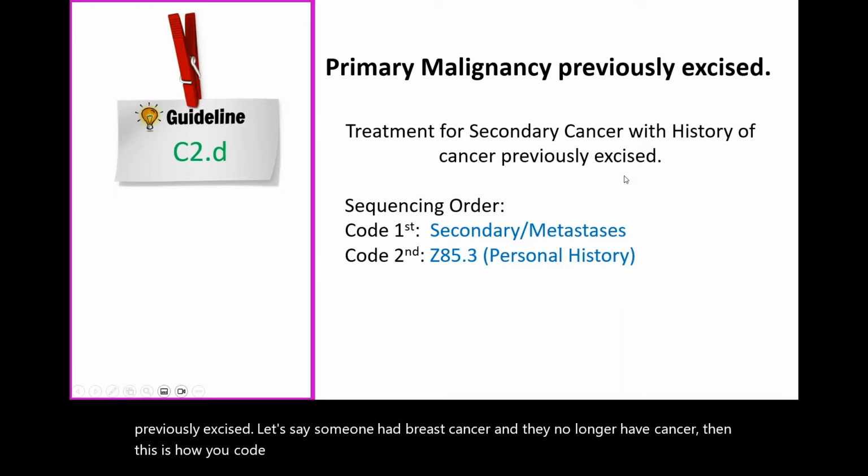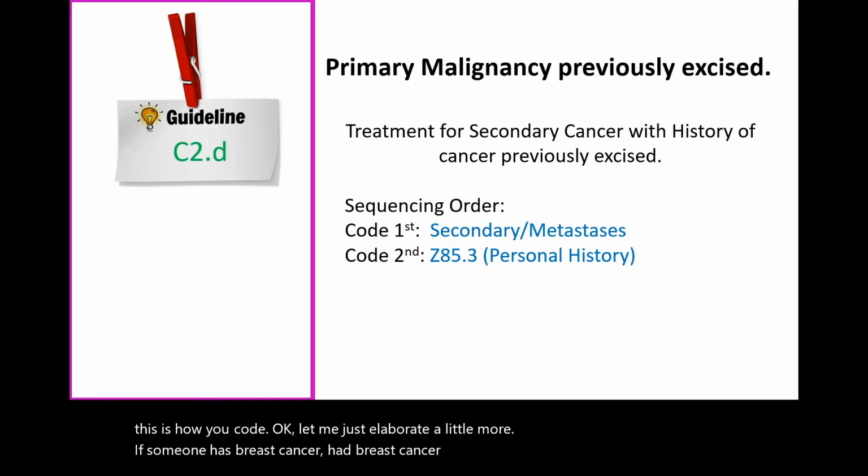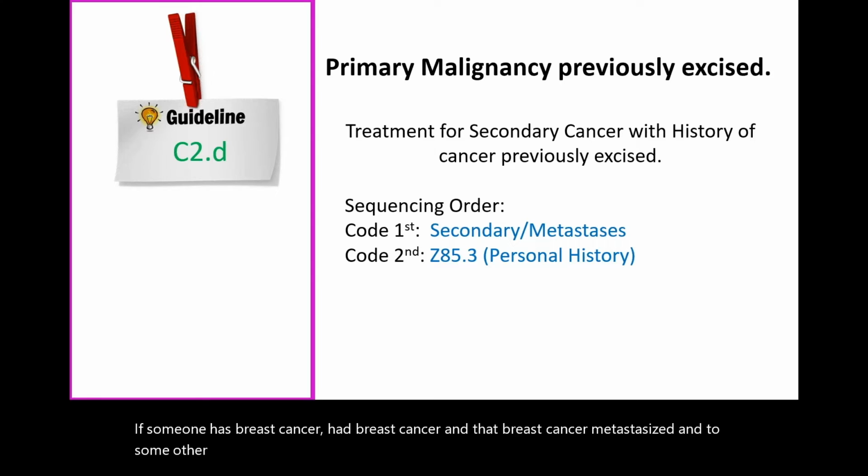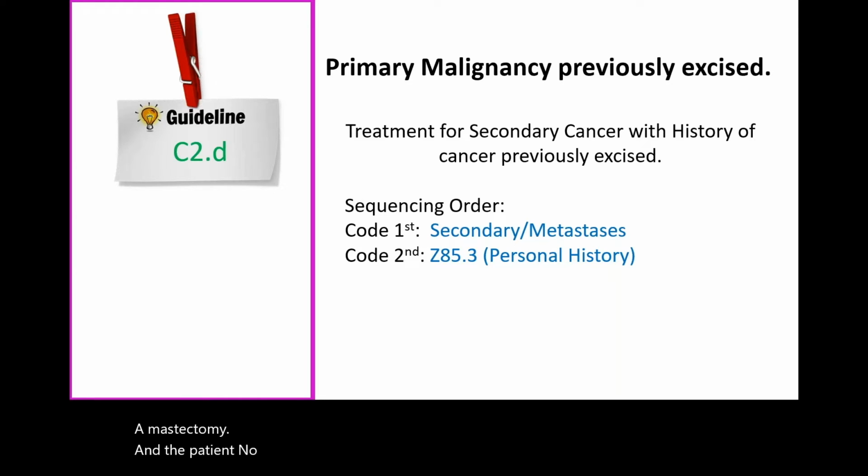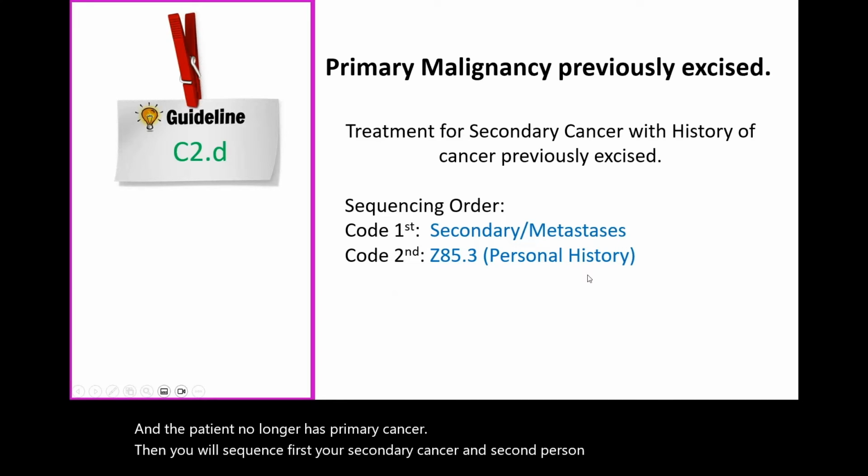Okay, let me just elaborate a little more. If someone has breast cancer, and that breast cancer metastasized into some other part of the body, but that person had a mastectomy, and the patient no longer has primary cancer, then you will sequence first your secondary cancer and second, personal history.